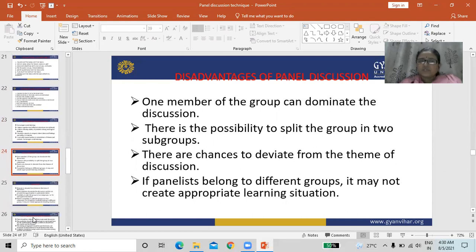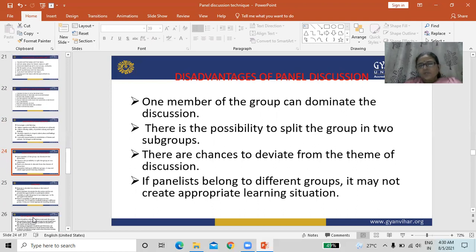Now we will discuss some disadvantages of panel discussion. In some cases, one member of the group can dominate the discussion. It is possible in many situations.